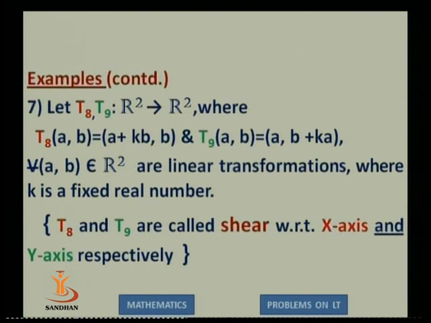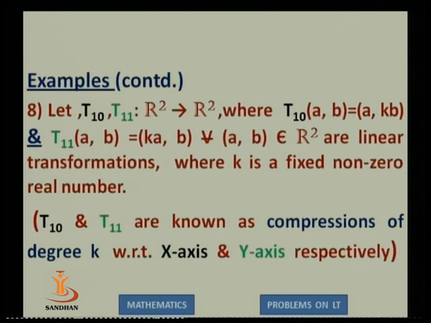This can be easily verified, where k is any fixed real number. T8 and T9 obey both the conditions of a mapping being a linear transformation. The defined functions T8 and T9 are called shear with respect to x-axis and y-axis respectively.